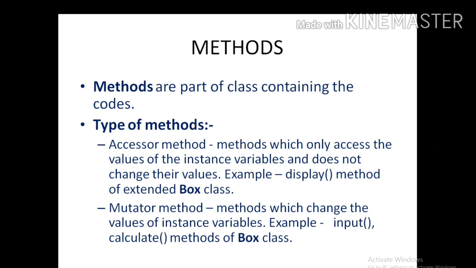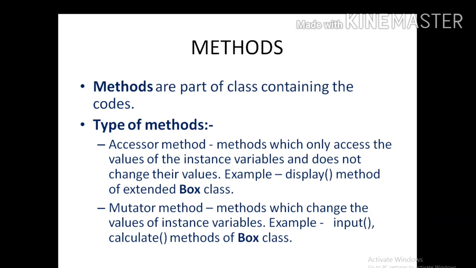We have seen methods are those parts of a class which contain code. We will discuss much more detail of methods in the later chapters. For the time being, we should know methods can be of two types: accessor method and mutator method.